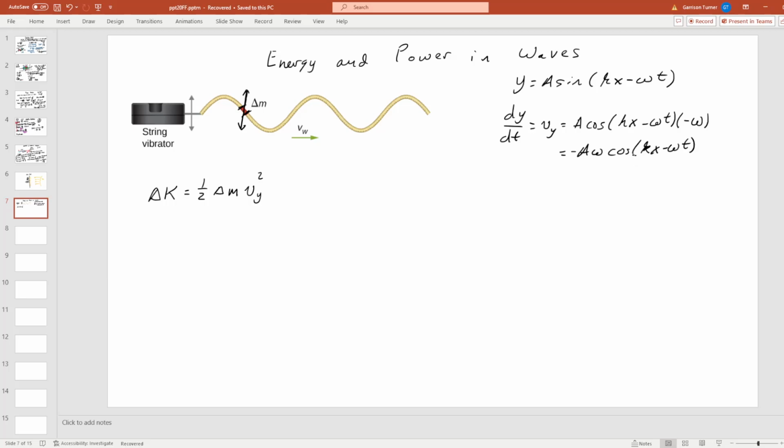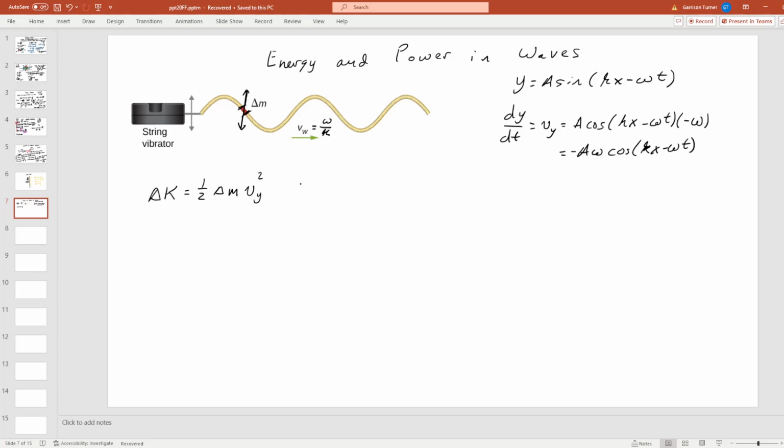And so the VW, the velocity of the wave, is equal to omega over k, but the velocity in the y direction is going to be sinusoidal. So that's the first thing to note.